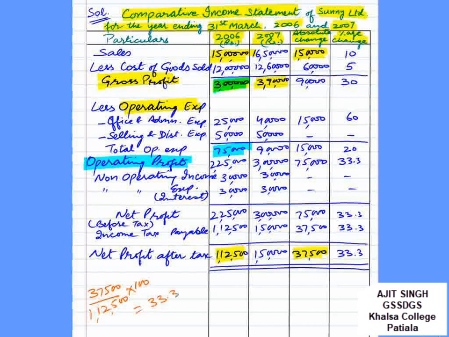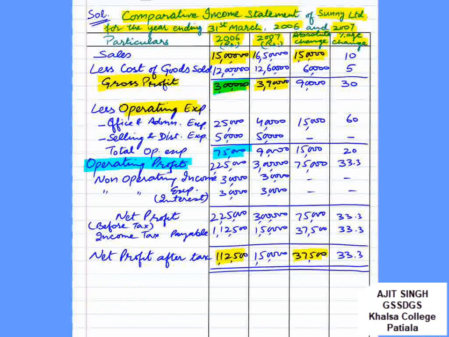The change comes to be 33.3%. So far as analysis part is concerned, we can see that sales of the concern are increasing by 10%. Absolute change is 1,50,000. But cost of goods sold is increasing only by 5%.